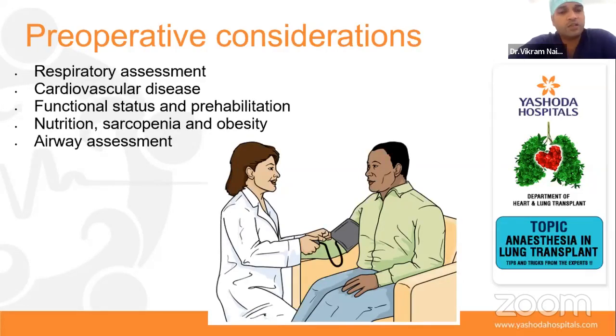The functional status of the patient, rehabilitation and nutrition, sarcopenia and obesity have to be considered. A thorough airway assessment has to be done, which includes assessment of the Mallampati score, cervical spine and mouth opening, which might guide us to manage the airway during the procedure.